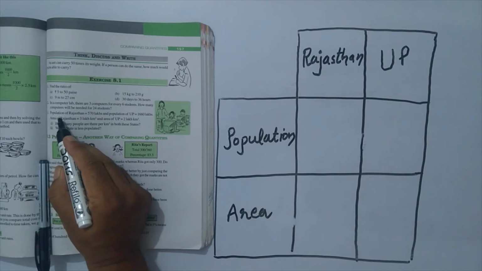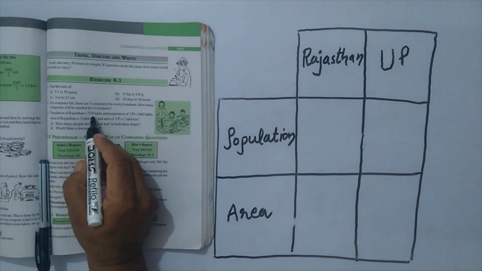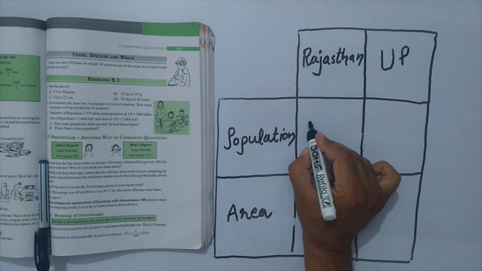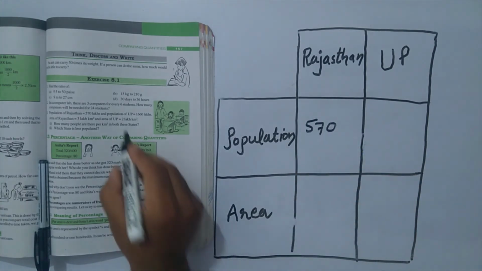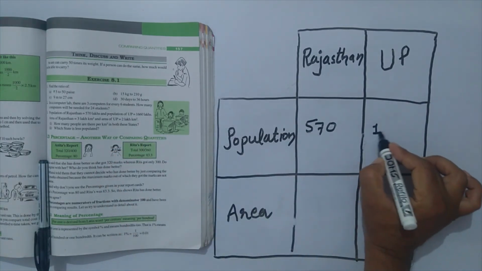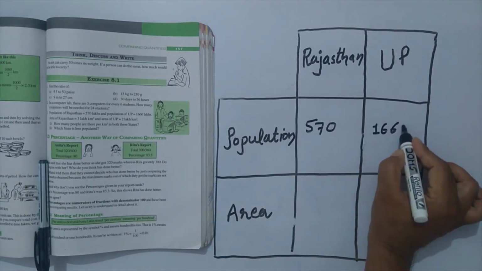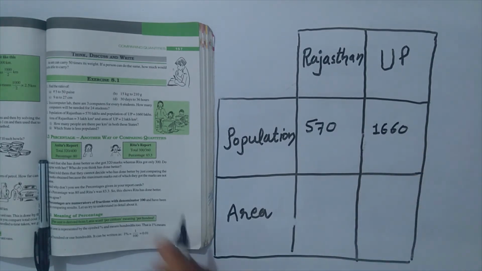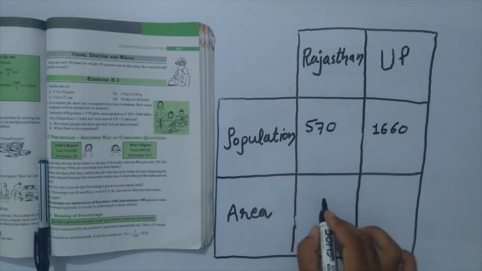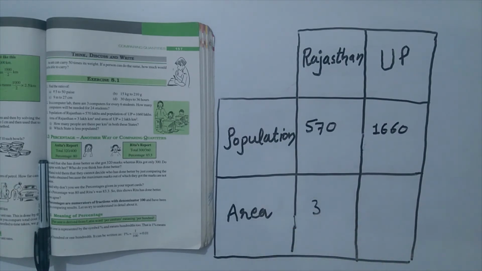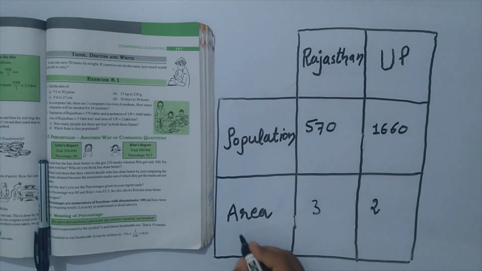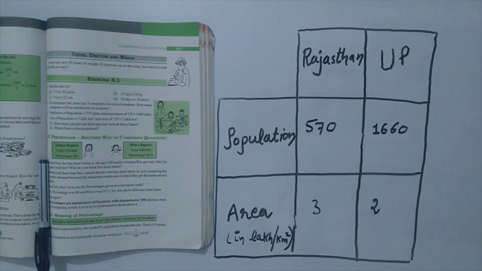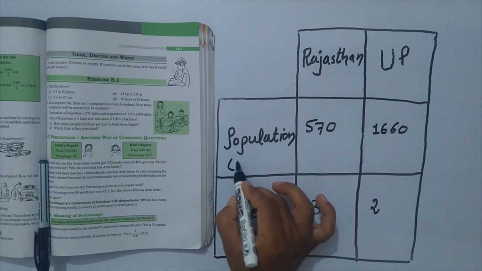Again, the population of Rajasthan is 570 lakh and the population of UP is 1660 lakh. Similarly, the area of Rajasthan is 3 lakh square kilometers and the area of UP is 2 lakh square kilometers, and the population is in lakh.